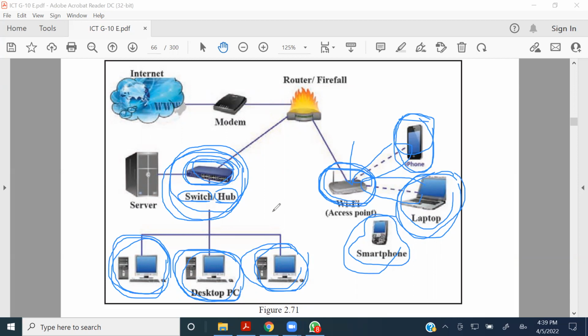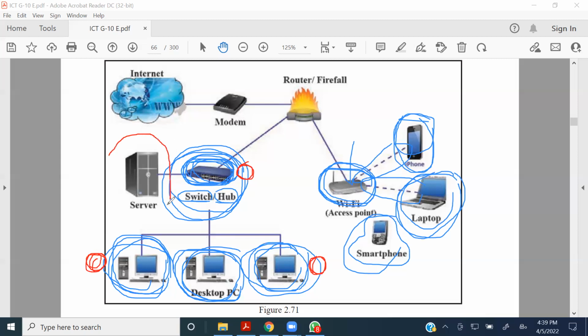So when all these devices are connected through the switch or a hub, they have the ability of communicating. So if they create a message from here, it will reach over here. And if it needs to be sent to this particular computer, it is possible, right?